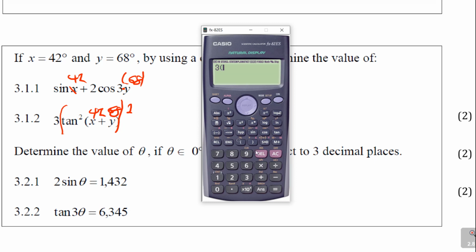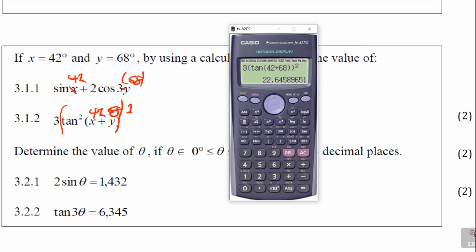It is 3 bracket, and then you say 10. The calculator opens the bracket where you put your 42 plus 68. You close that, and you square, then you get that answer 22.6. How many decimal places? Maybe 2 decimal places, 22.65.